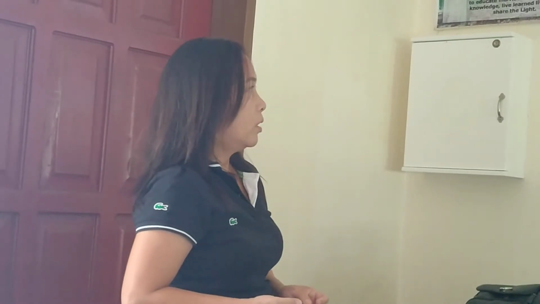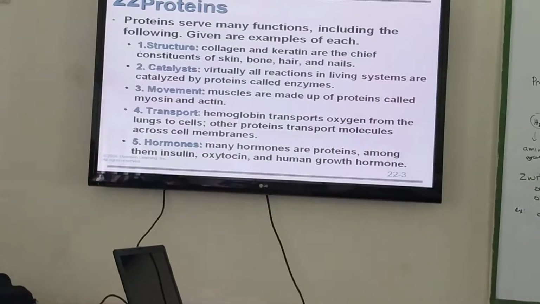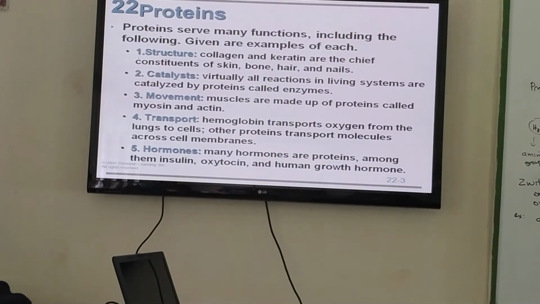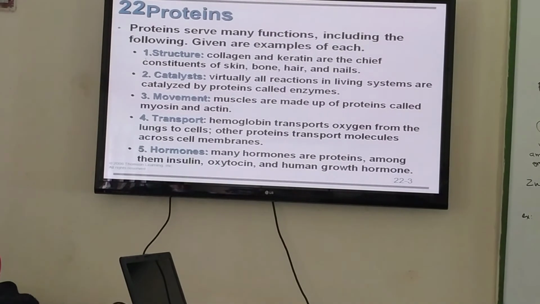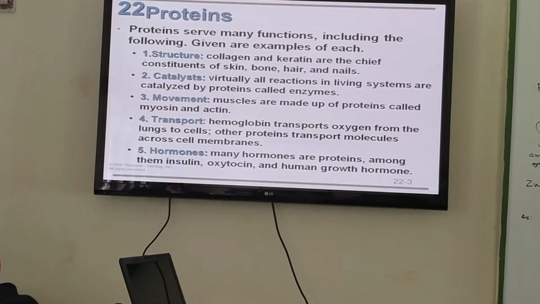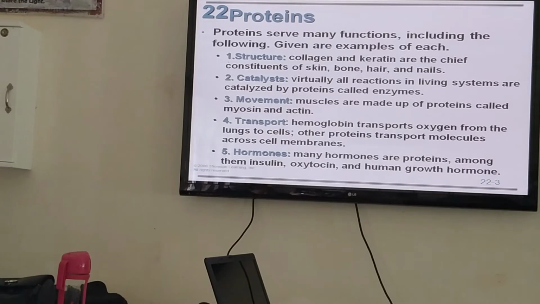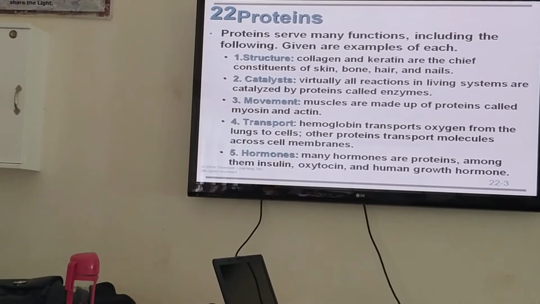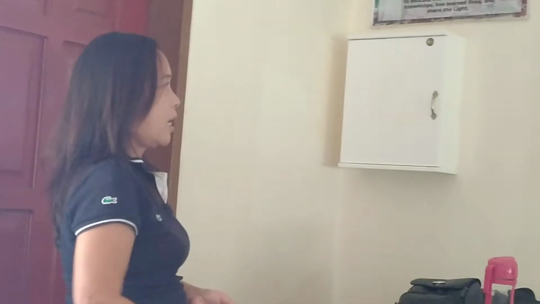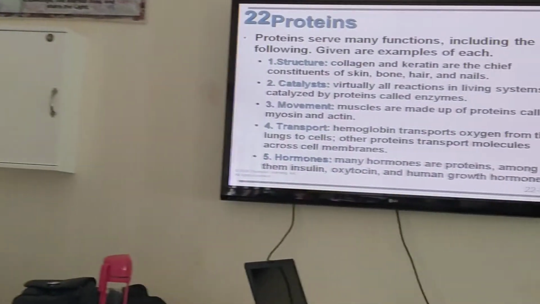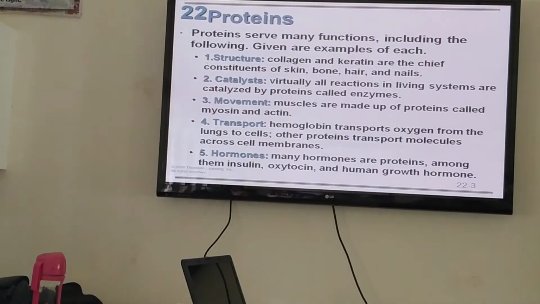They are produced by keratinocytes, which are abundant in our epidermis. So one of the major proteins in our skin is keratin, which is produced by keratinocytes. So collagen and keratin are the chief constituents of the skin, the bone, the hair, and the nails. Okay.